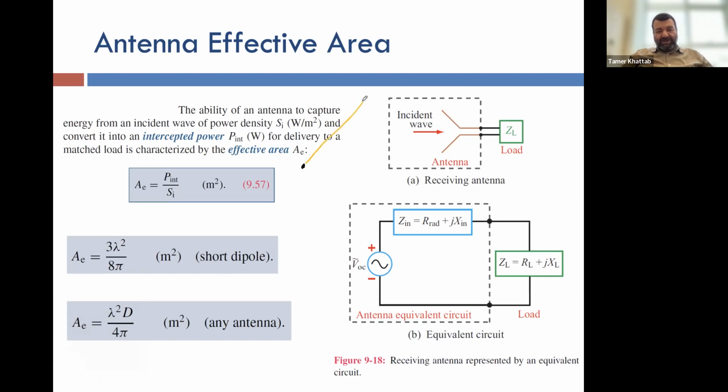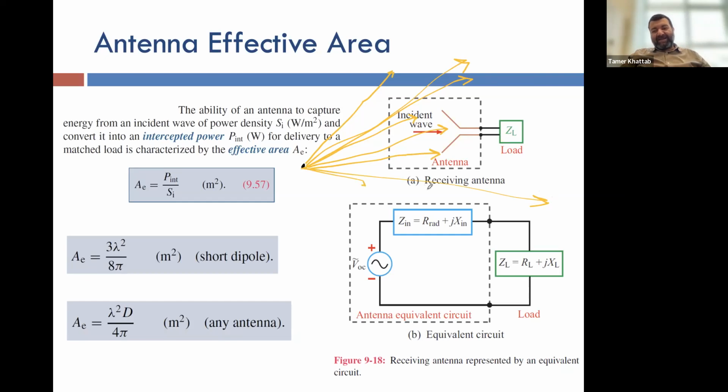So it goes this way, and this way, and some of it is intercepted by the antenna, by the area of the antenna from here to here, and the rest is going astray. It never meets the antenna and is not captured by it.